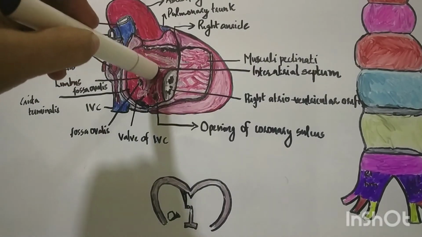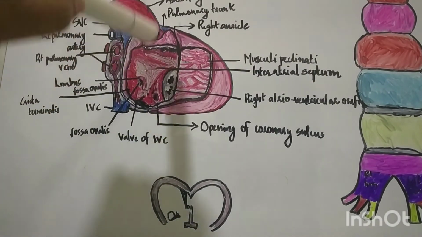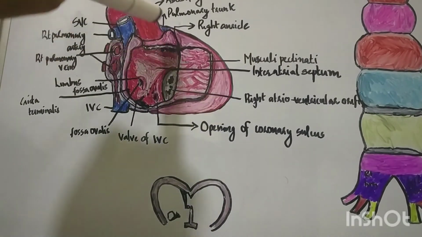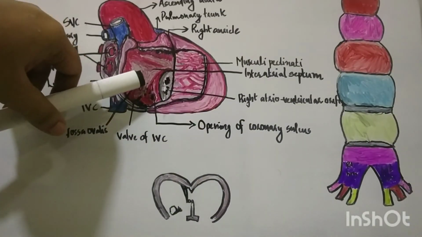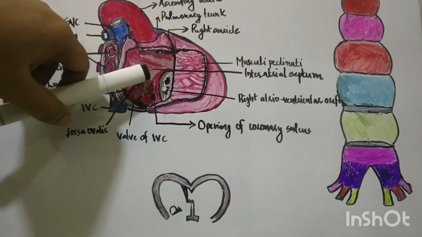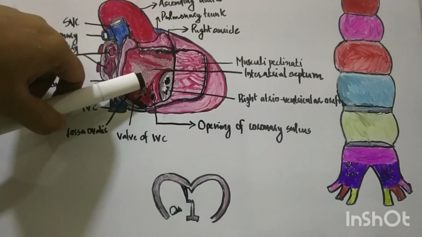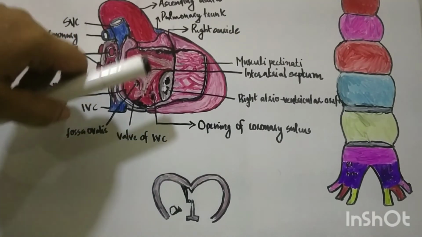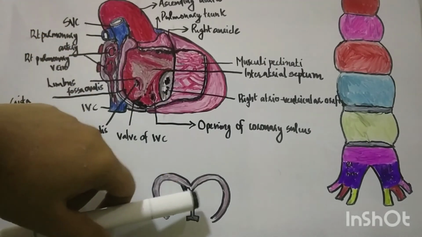Now we will discuss the interatrial septum, that is the septum that separates the right atrium from the left atrium. In the lower part of the interatrial septum there is a saucer-shaped depression, called the fossa ovalis, and it denotes the primitive septum primum.